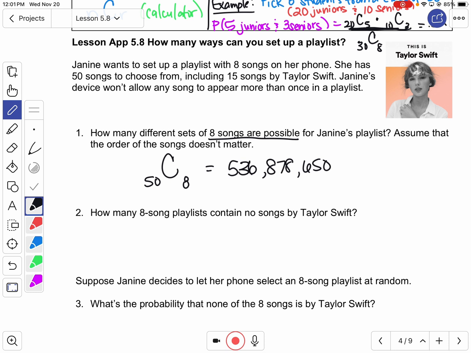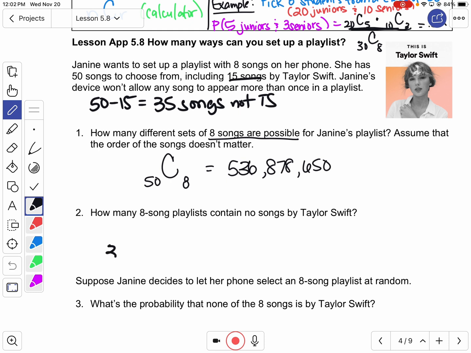All right, so let's look at this one. How many 8-song playlists contain no songs by Taylor Swift? This time, do I want to use all 50 songs? No. I only want the ones that don't have Taylor. Well, how many Taylor songs are there? 15. So how would I figure out how many are not Taylor? 50 minus 15 are not Taylor, which would be how many? 35 songs are not Taylor.